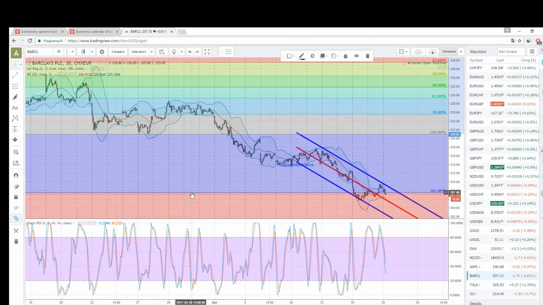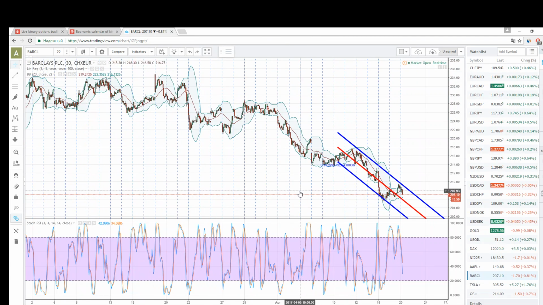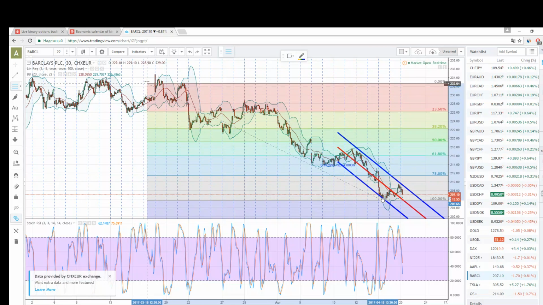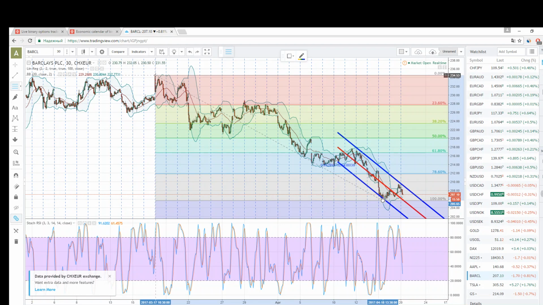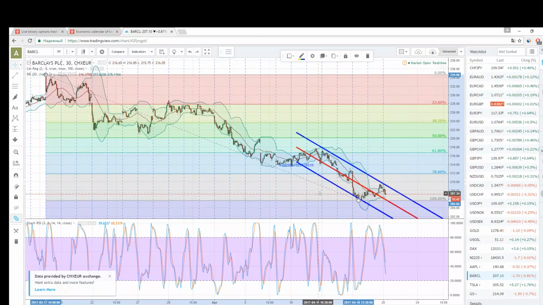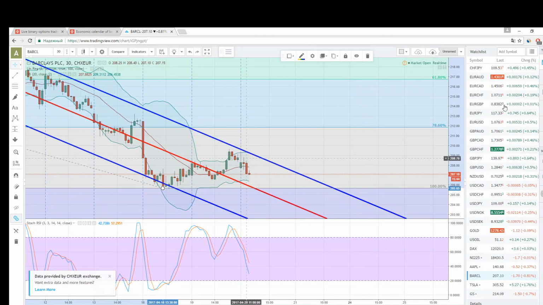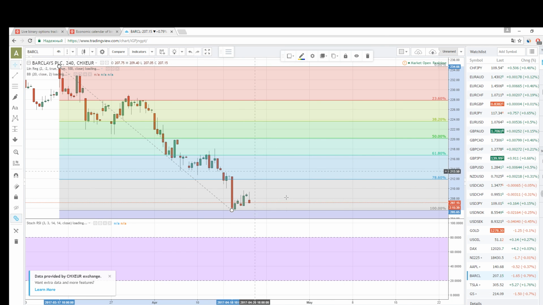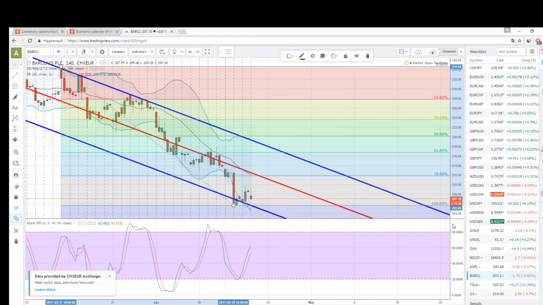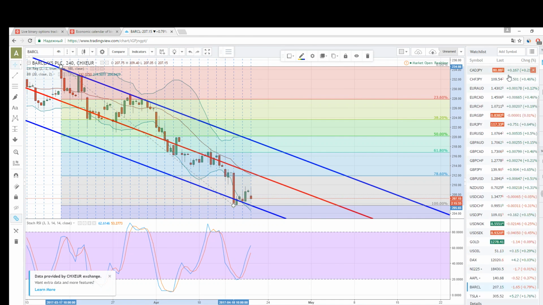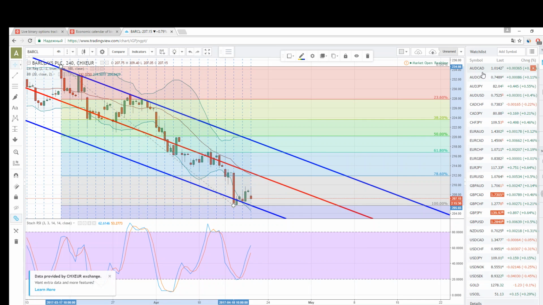Okay, it's time to change the Fibonacci that I have added to the chart, because basically we have a new low. Well, nothing. Currently, I don't see the point to enter, so I won't trade.